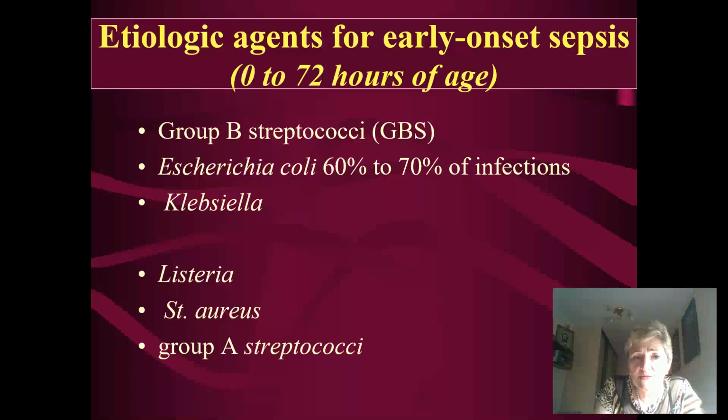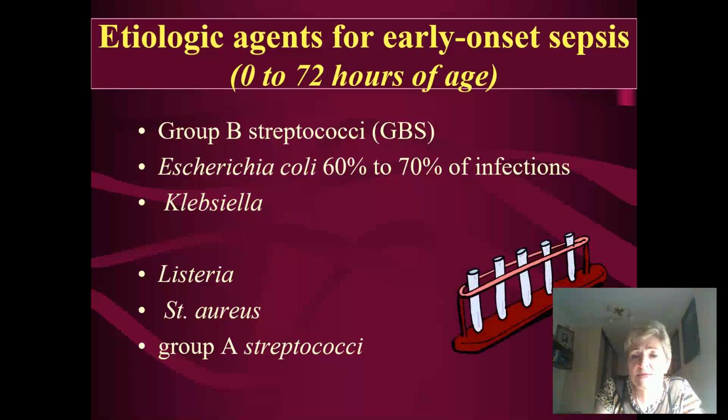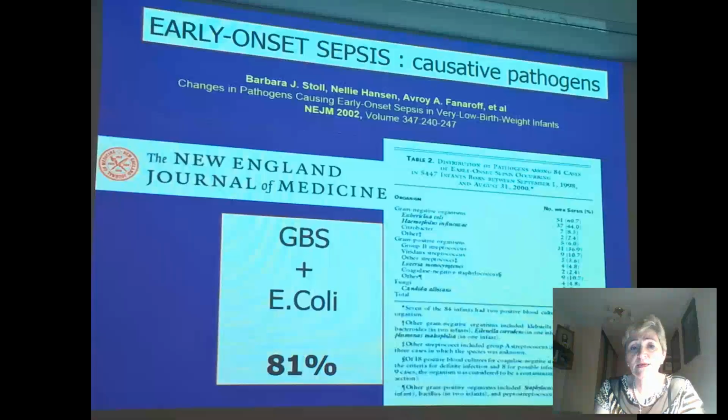The main cause of early onset sepsis is bacteria, group B streptococci plus Escherichia coli, about 60 to 70 percent of infections, Klebsiella, and maybe Listeria monocytogenes, gram-positive bacteria, Staphylococcus aureus, and group A streptococci.